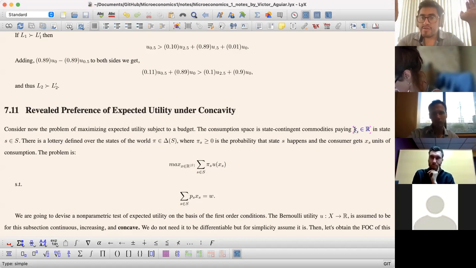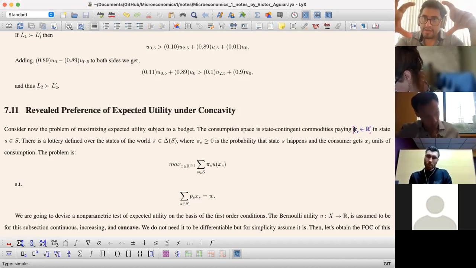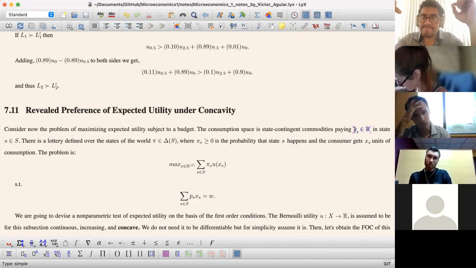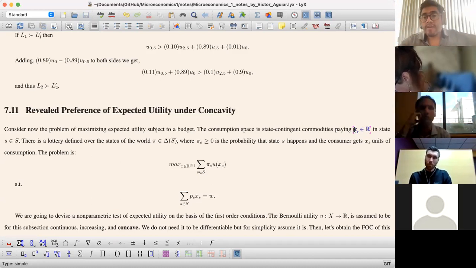So that's the important thing. Do you understand? So right now you're basically buying these things, which are called state contingent commodities or Arrow-Debreu securities. They only give you the quantity described in X sub S if the state of the world is realized, okay?